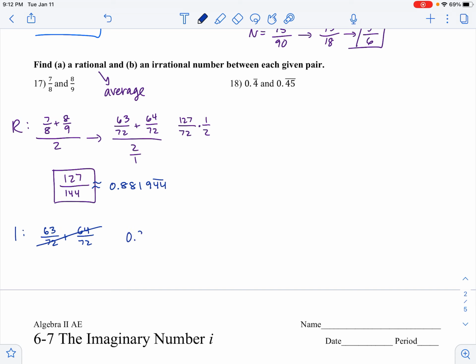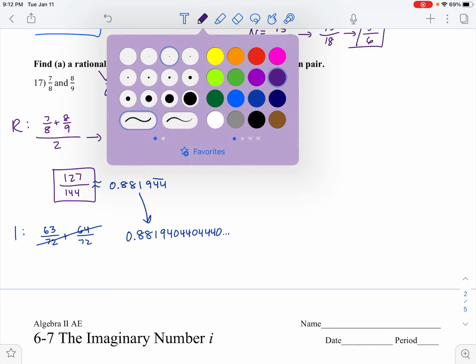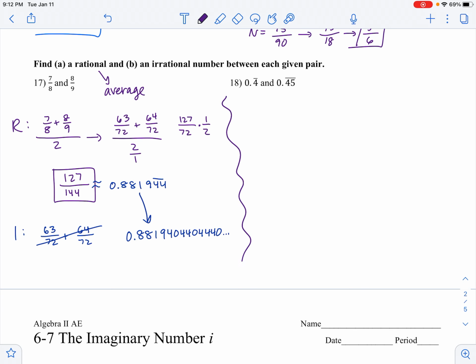How about 0.8819440, 4440, 44440, and so on. Getting from here to here, obviously I did need to use a calculator. We're going to have ones that are doable or that I will give you some freebies. Let's talk about number 18, and then you'll have some of these to practice.